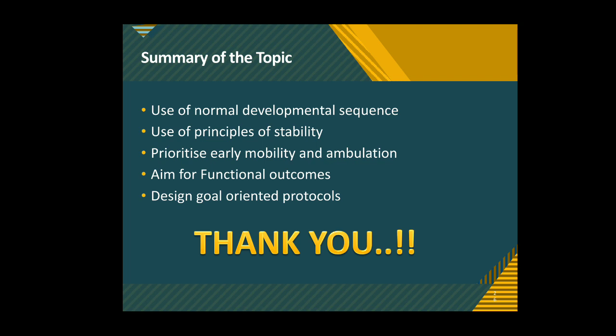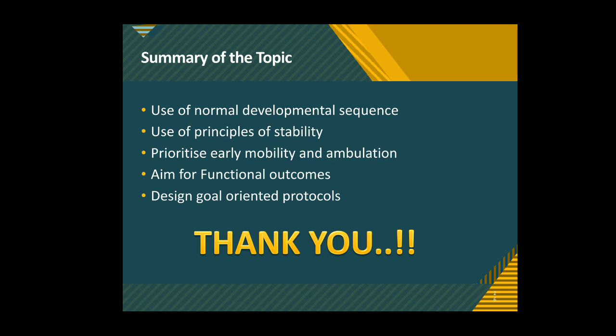Third, we have to prioritize early mobility in the bed and early ambulation outside the bed and into the community. Next, we have to aim for functional outcomes and not just the range of motion or strength. We have to decide the patient's optimal functional level, what he can achieve on the basis of evaluation of the patient.